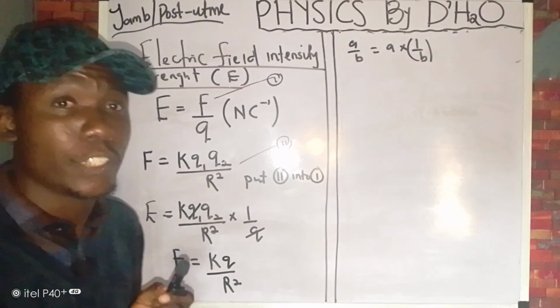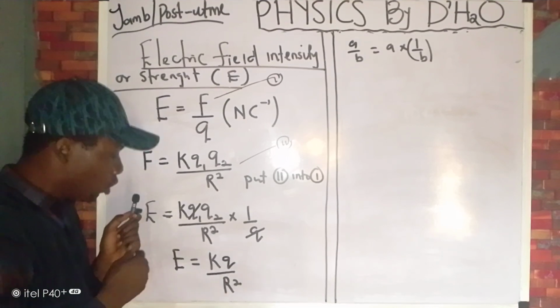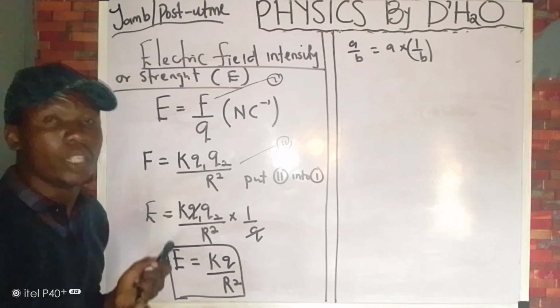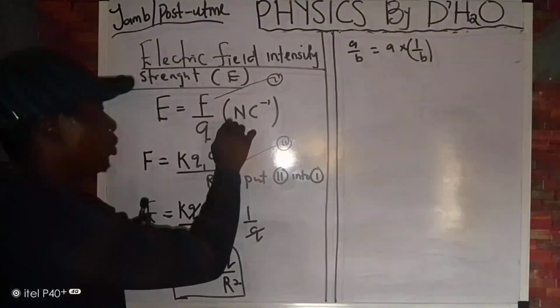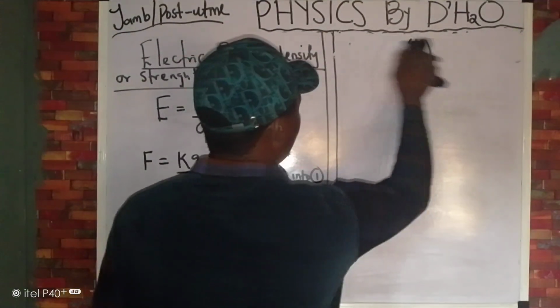So how many formulas have I given you for electric field intensity now? 2. I've given you this one and this one also. So this is the other formula for electric field intensity. But the unit still remains the same. It is Newton per Coulomb. Now watch this carefully, please.